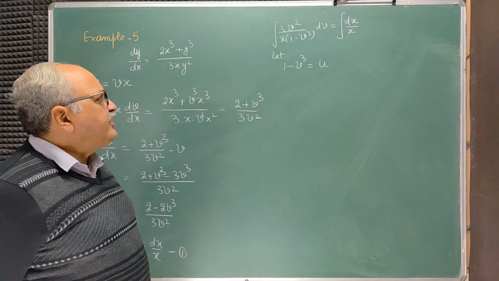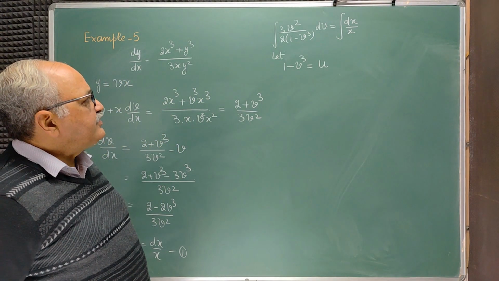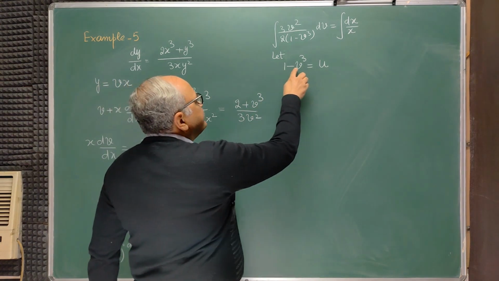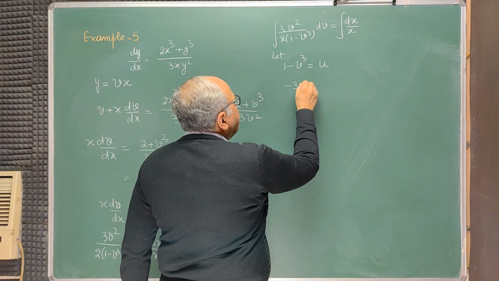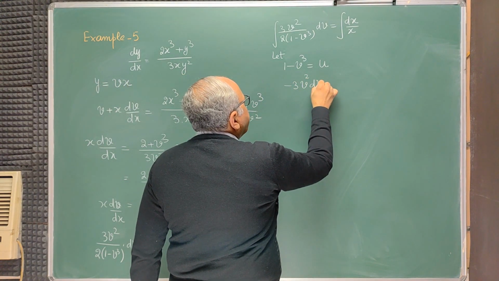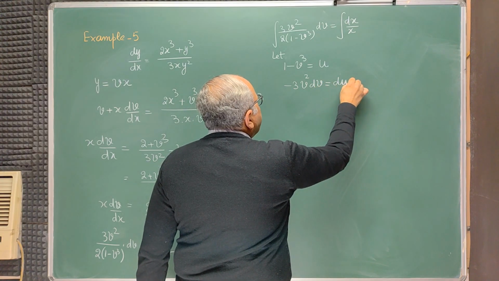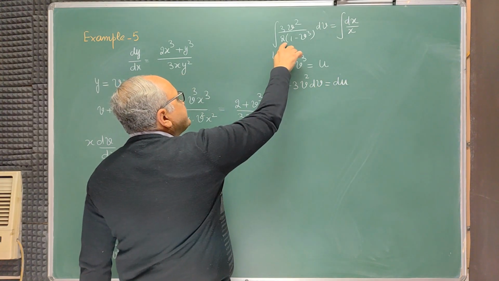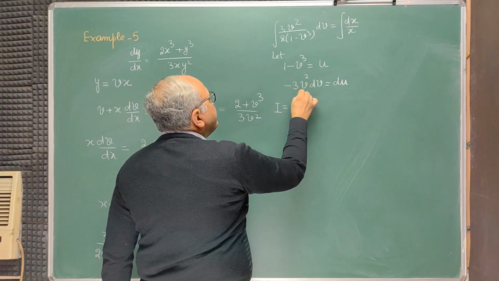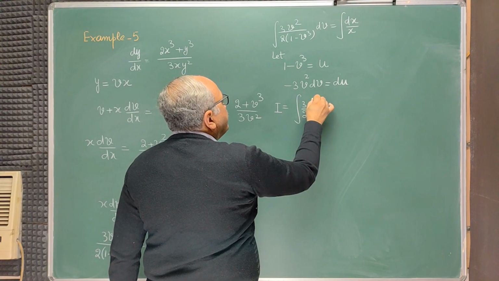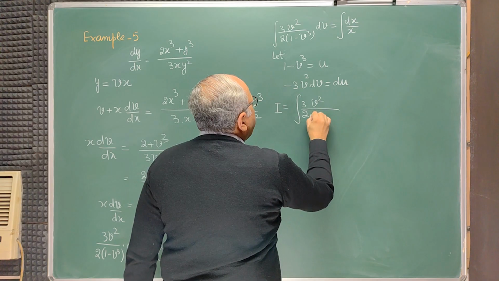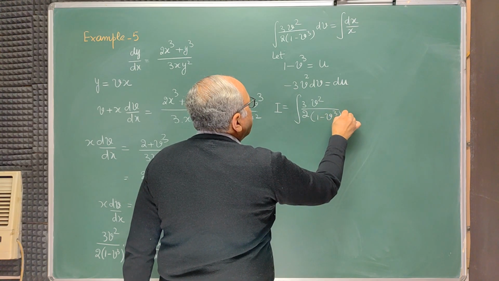This is another variable we are introducing just to get the integration in simpler form. If I differentiate it, I will get minus 3 v square dv, and that is equal to du. Now let's take this integration I, which is equal to 3 by 2 v square divided by 1 minus v cube dv.